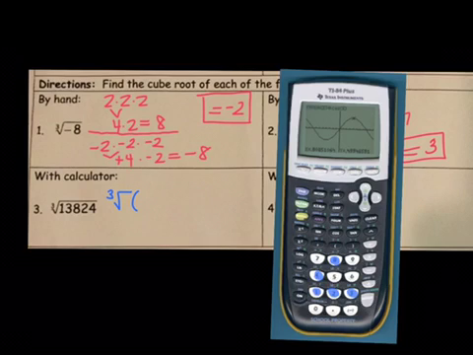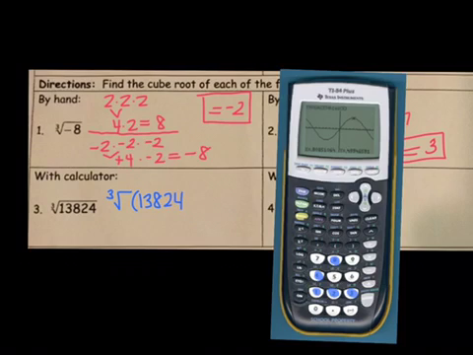And on your screen it should look just like that. You have the cube root symbol and then your numbers. Okay, then I want you to close the parentheses. So here is the button to close the parentheses. I want you to close your parentheses. Alright, and then you can press enter.